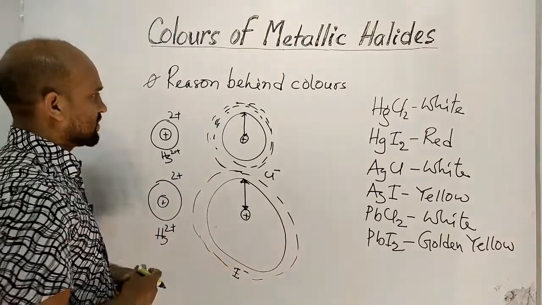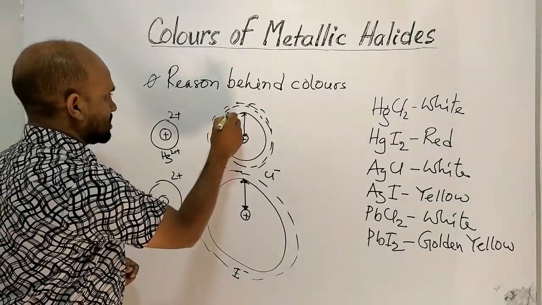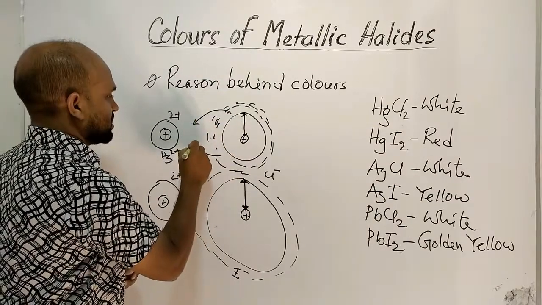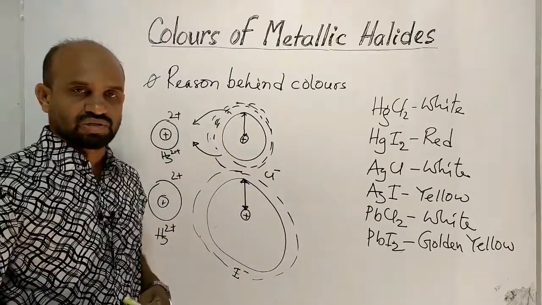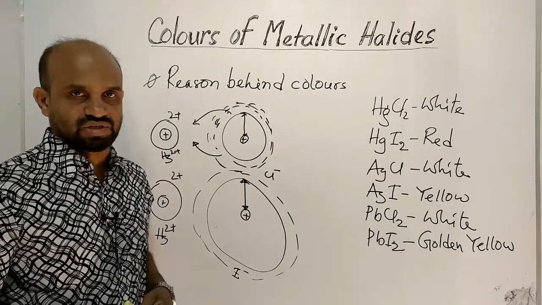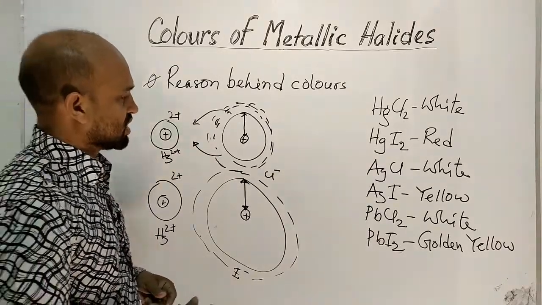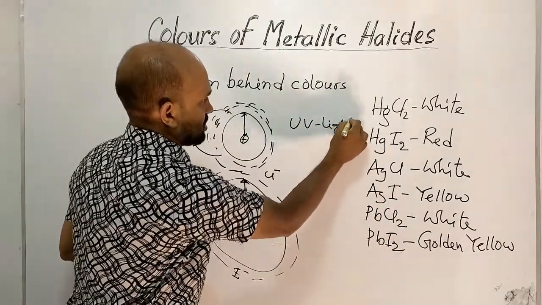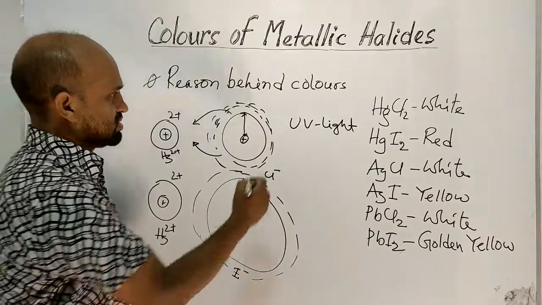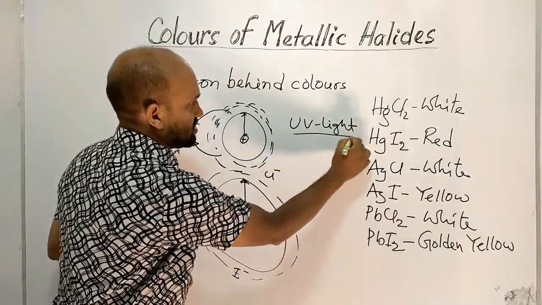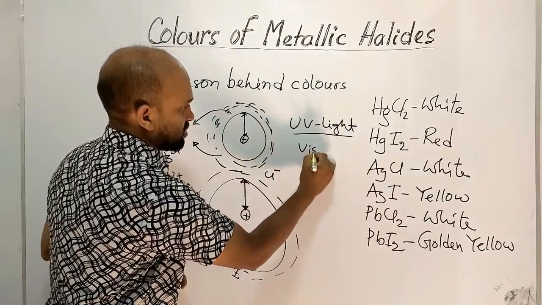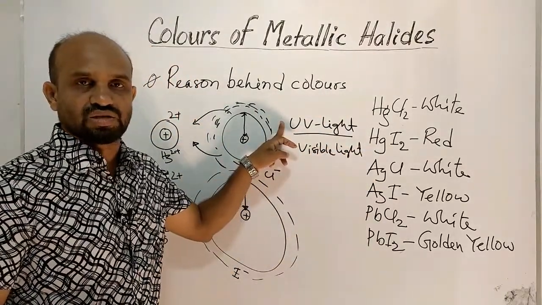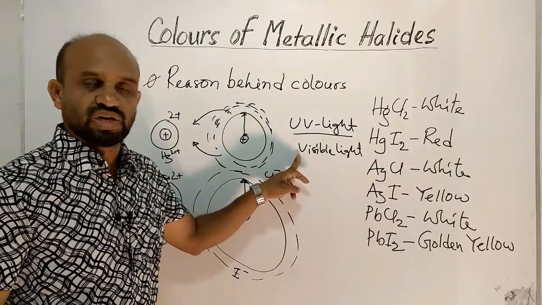As a result, this electron transition, that means this polarization, requires a high amount of energy, which is usually absorbed from UV light or UV region.